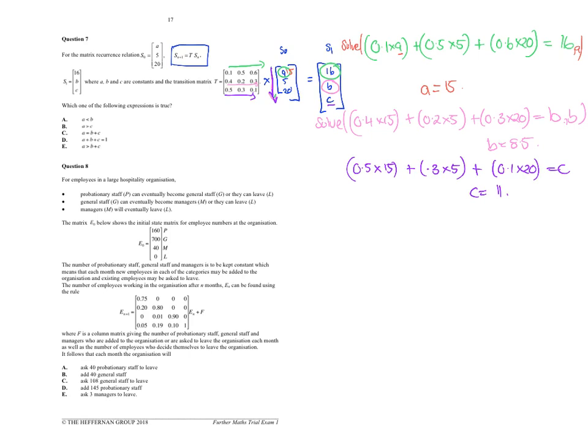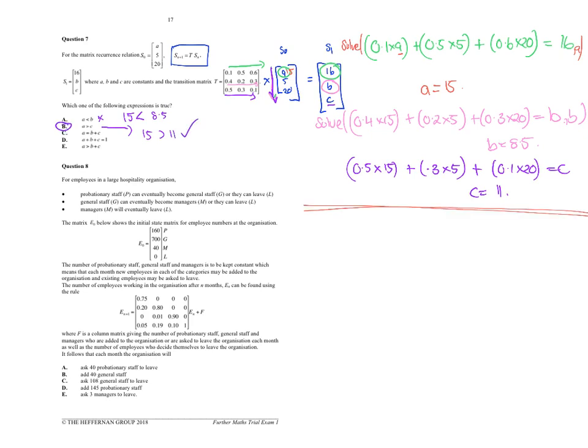So is 15 smaller than B, 8.5? That is not true. If you look at the next one, is 15 bigger than 11? That's true. So there's your true statement.